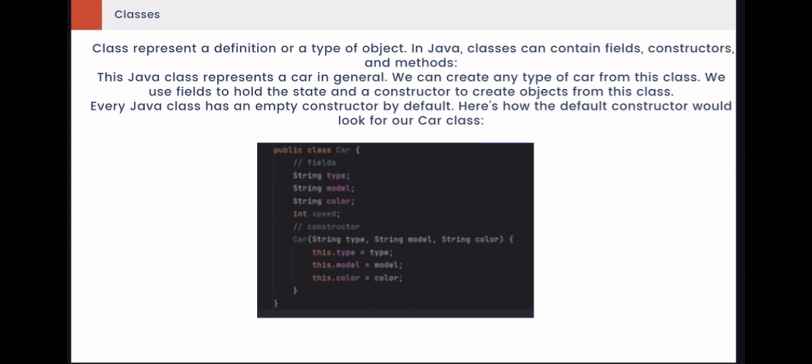and in Java, a class can contain fields, constructors, and methods. This Java class represents a car in general. We have fields in our class, such as string type fields: model, color. These are fields or attributes.